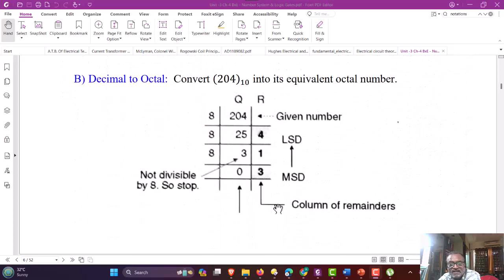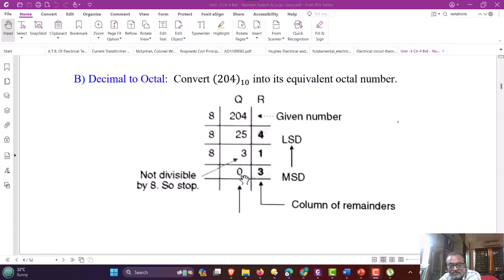On a similar track, if you want to convert a decimal number to an octal number, what is the base of the octal system? That is 8. The number given is 204 decimal. Now we divide it by 8. 204 divided by 8: the quotient is 25, remainder is 4. Again 25 is divided by 8. Quotient is 3, remainder is 1. Then 3 is divided by 8. Quotient is 0, remainder is 3.